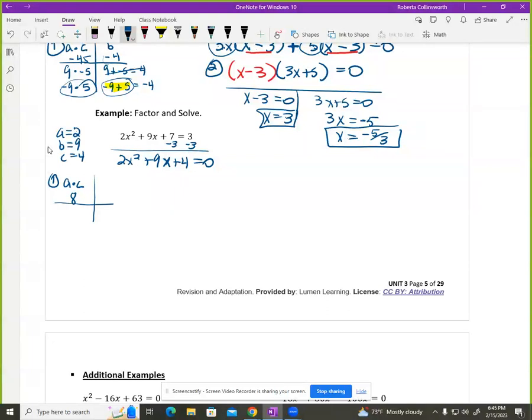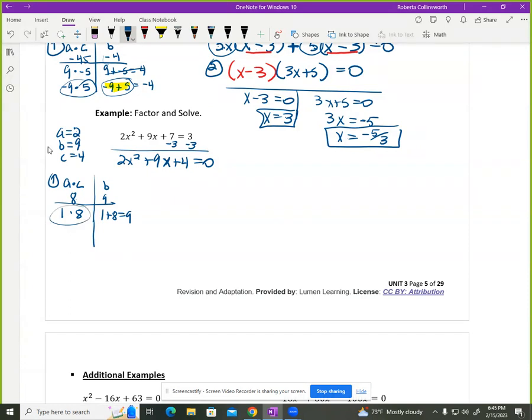Then you find the factors that are going to add to be B. B is 9. So these factors are 1 times 8. That's really easy because 1 times 8, 1 plus 8 equals 9. So I found that already.